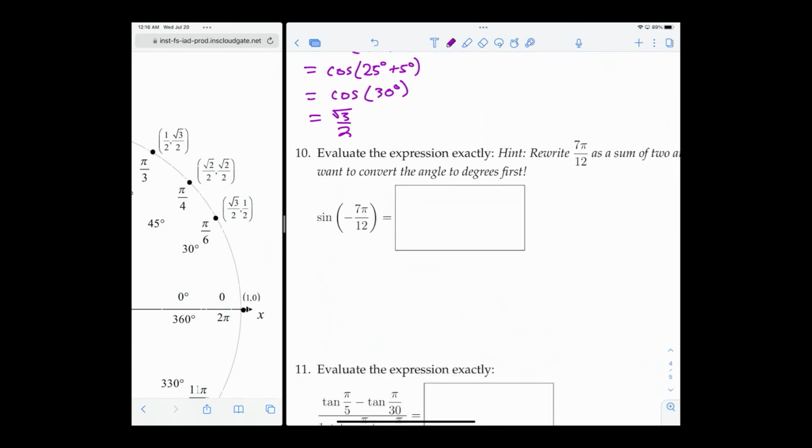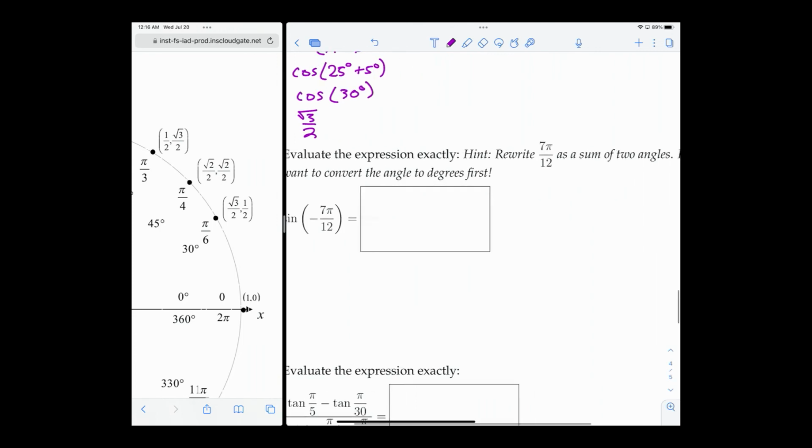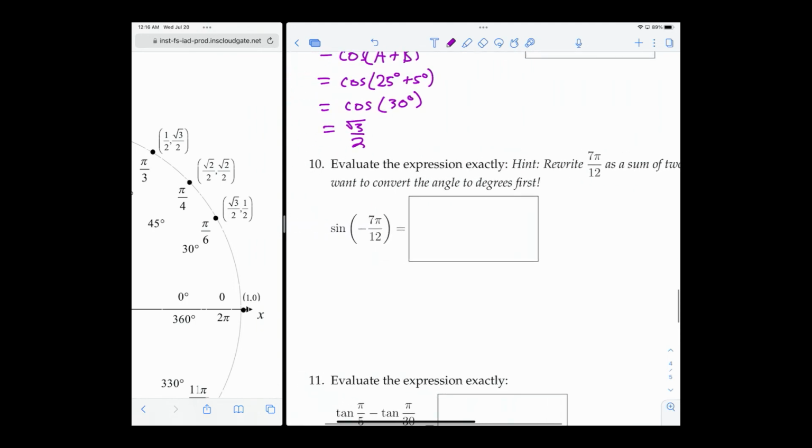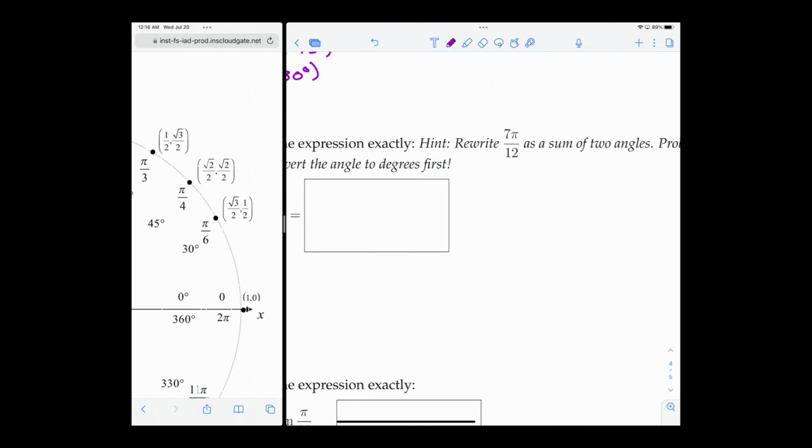Next question. So we're still going to use a similar identity. So it says evaluate the expression exactly. Hint, rewrite 7 pi over 12 as a sum of two angles. And I say probably you want to convert the angle to degrees first. And I think you do, because 7 pi over 12, you're not going to know what that is.